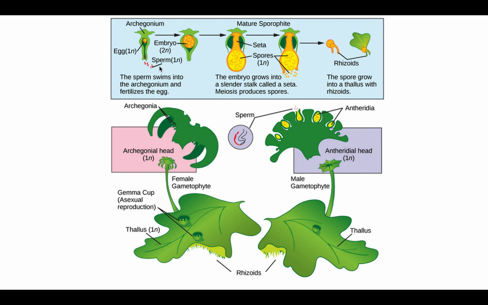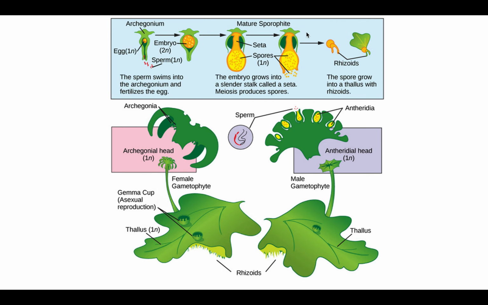So what's gonna happen, just like I mentioned before, those sperm cells, which are produced in the antheridial head on a male liverwort, sperm cells are produced up there. They're going to swim into the archegonium via water, right? Because they're flagellated, they're gonna swim up in there. Fertilization will happen.